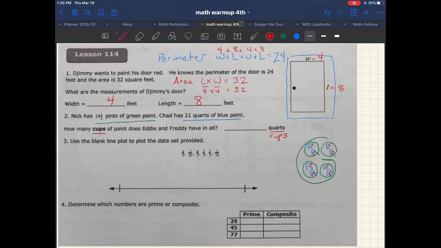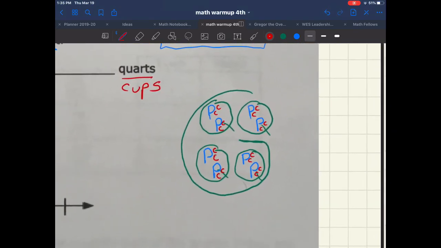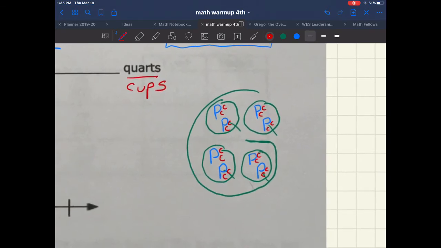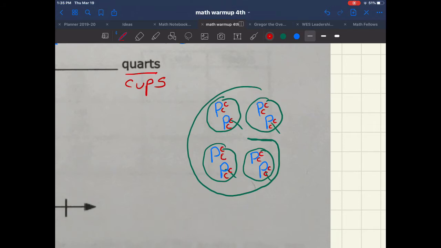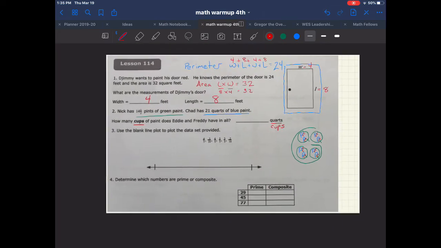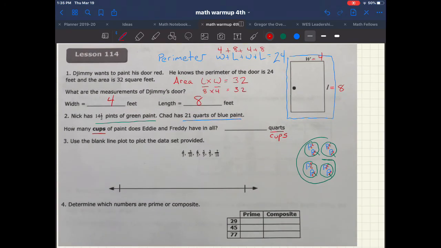So 14.5 pints, and I drew over here this Land of G story. I'm not going to retell you the Land of G, but it does help us remember that there are 4 quarts in a gallon, 2 pints in every quart, and 2 cups in every pint.